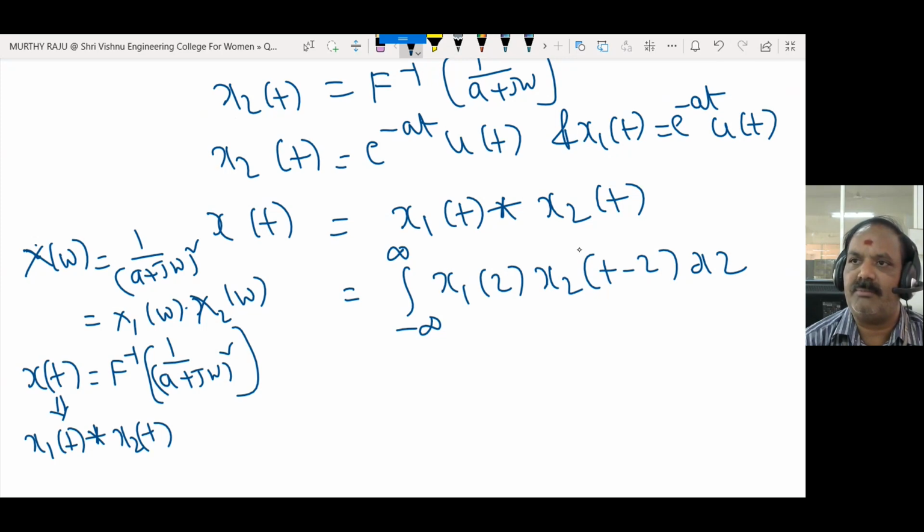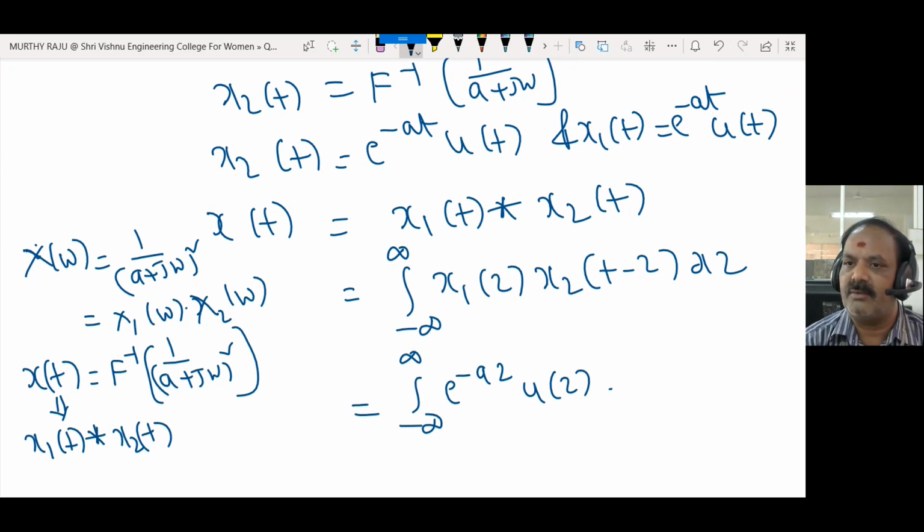So the integral from minus infinity to plus infinity of x1 of tau, where t is replaced with tau, e power minus a tau u of tau, and x2 of t minus tau, where t is replaced with t minus tau, e power minus a (t minus tau) u of (t minus tau) d tau.